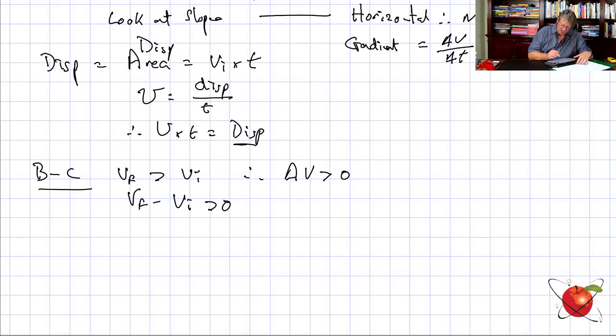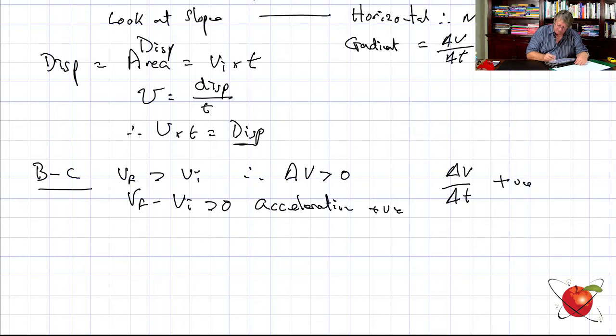What does that mean? It means that I have gotten acceleration. There's an acceleration over there, and the acceleration is positive, right? So delta V over delta T is going to be positive.